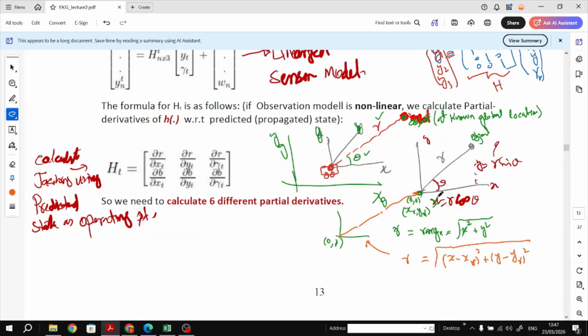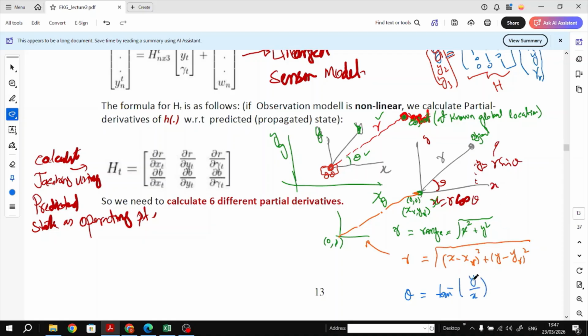The second measurement which we are getting from this sensor, let's say lidar sensor or radar sensor, is the angle to the object at known location. So that angle is this theta. Okay, so this theta is simply tan inverse of y coordinate over x coordinate.